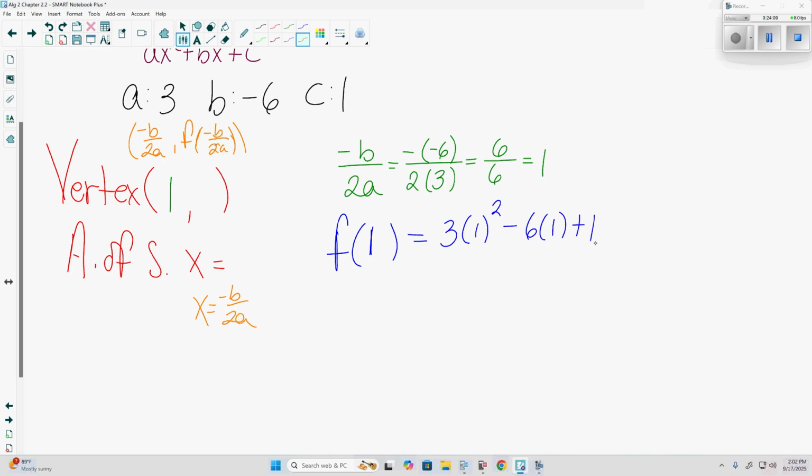So all we've got to do is take that x value and plug it back into the function. Well, 1 squared, 1 times 1 is 1. 3 times 1 is 3. Negative 6 times 1 is negative 6. We still have our plus 1. Negative 6 plus 1 is negative 5. And 3 minus 5 is negative 2.